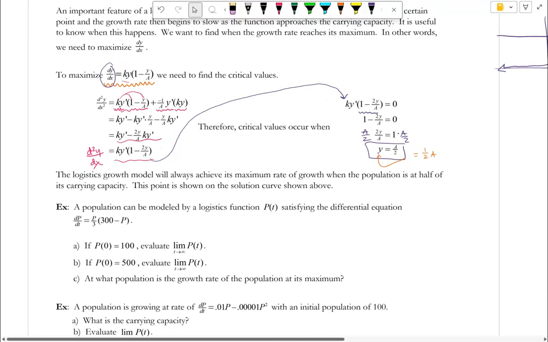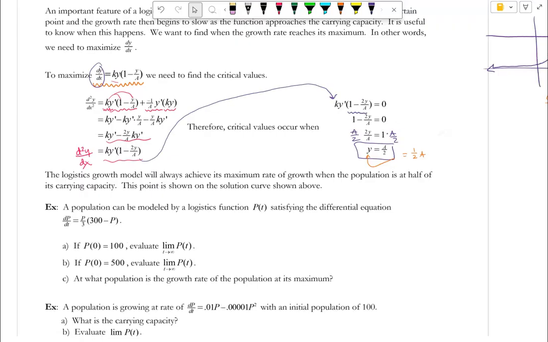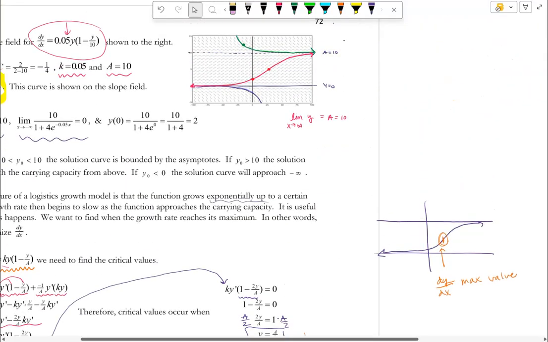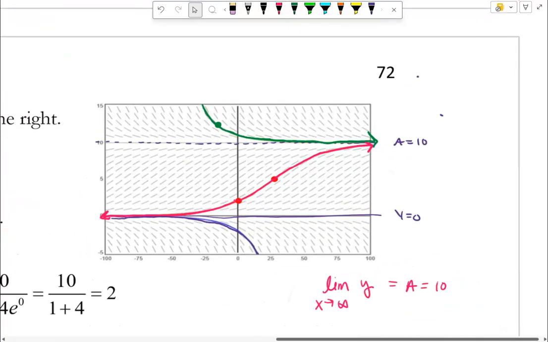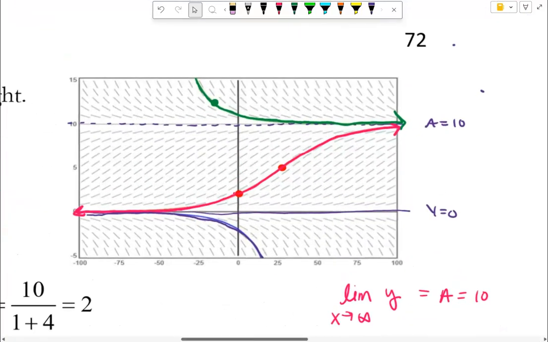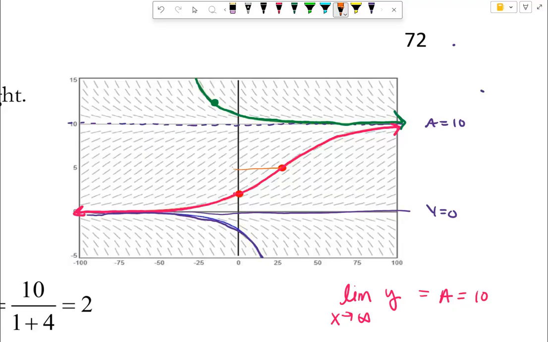That fact is always going to be true. So if we look at our solution curve above, like the actual slope fields, not the terrible one I drew out to the side, when we are halfway to our carrying capacity, this is the spot on our curve where the slope of our curve hits its maximum.